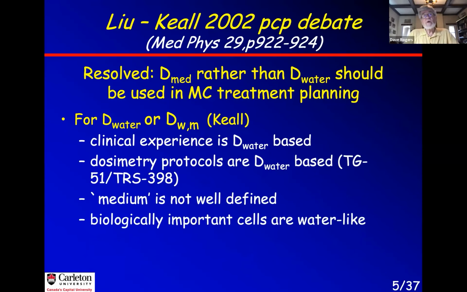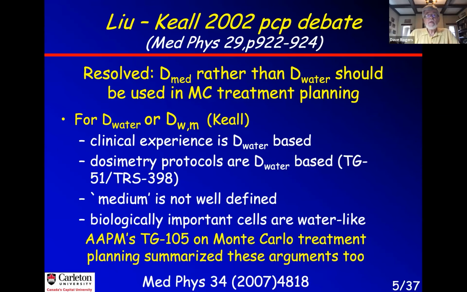And he made the same argument as ICRU report 83, and that is that the biologically important cells are water-like, so you want to get the dose to water. And if you go back and look at the AAPM's Task Group 105, which was about Monte Carlo treatment planning in medical physics, it summarized these same arguments because they still applied when that was written in 2007.